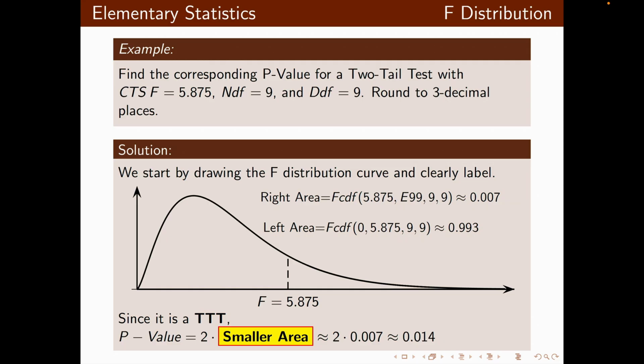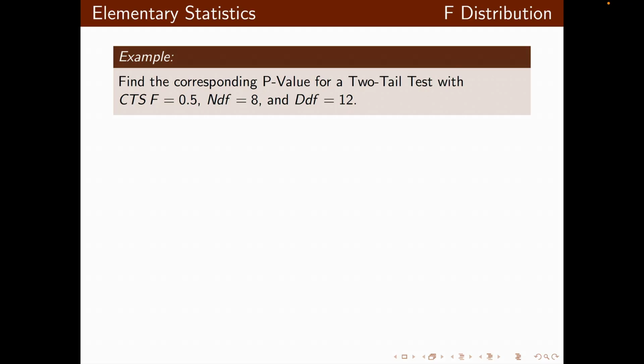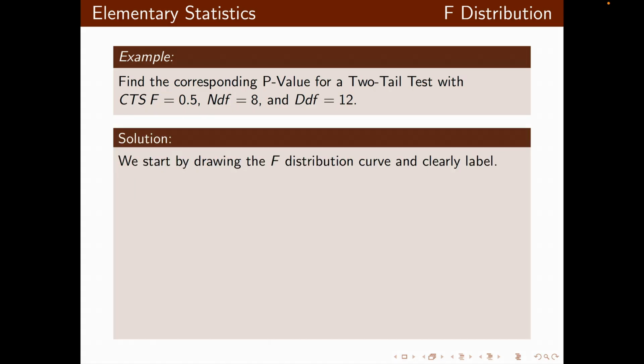Another example for a two-tailed test with CTS F of 0.5, numerator degrees of freedom 8, and denominator degrees of freedom 12. We're going to draw the curve and clearly label.